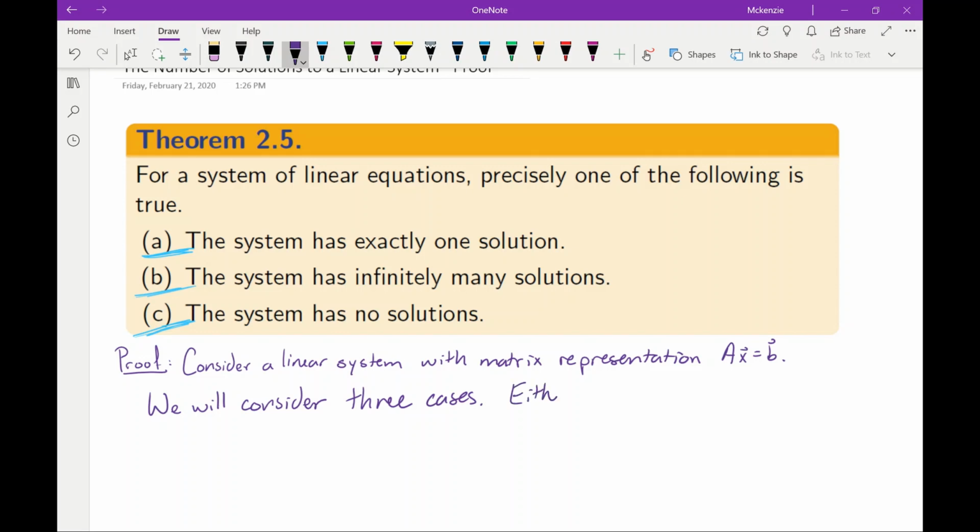Either Ax equals b has no solutions, exactly one solution, or, if we think about what the other option is off of these two, at least two solutions.